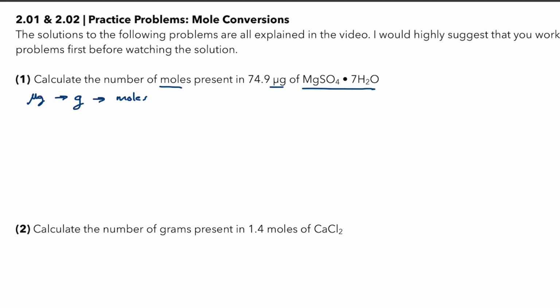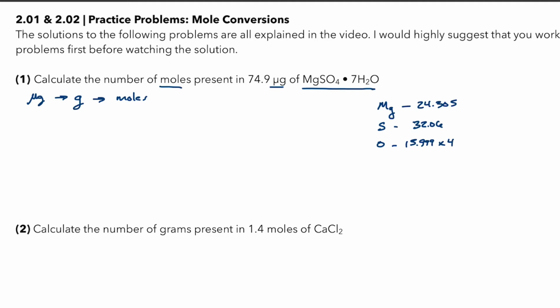Magnesium, if I look at my handy dandy little periodic table, is 24.305. I see that sulfur is 32.06. Oxygen is 15.999 times 4.